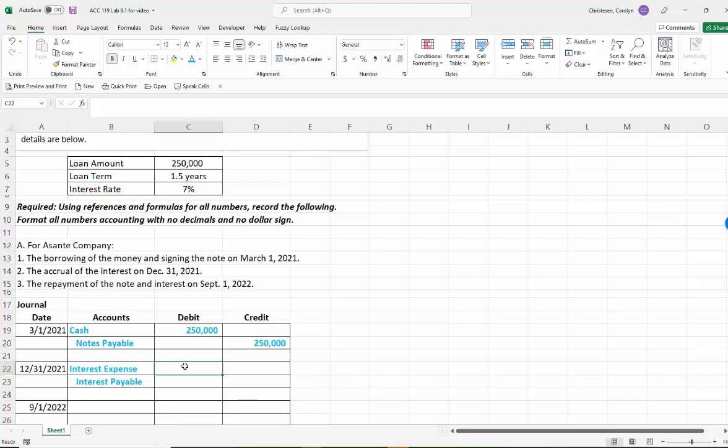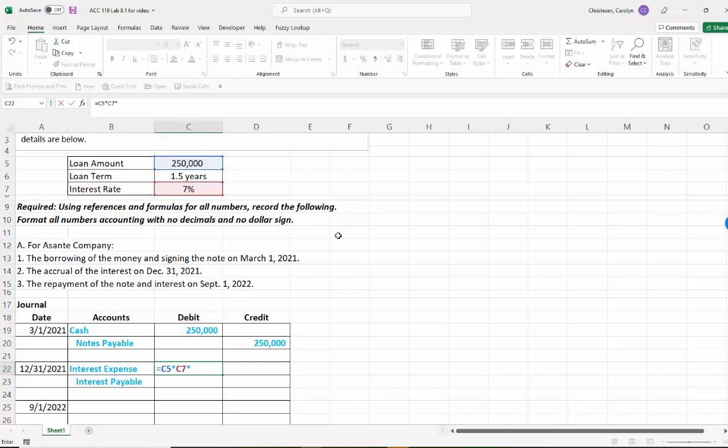Okay, so our interest expense, remember interest is equal to the principal that you borrowed times the interest rate times the time, and the time is in terms of a year. Be very careful with the time in notes. That's the thing that always gets students. It's the time. Okay, so our interest expense is equal to the principal, that's how much we borrowed, times the interest rate times the time.